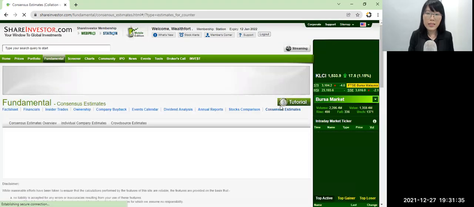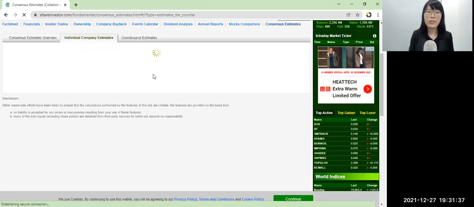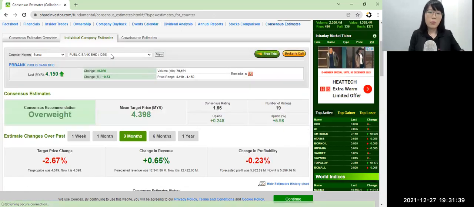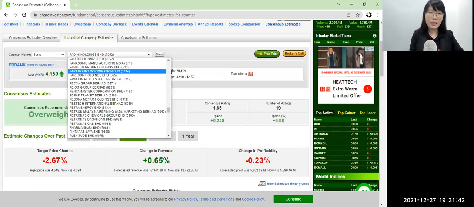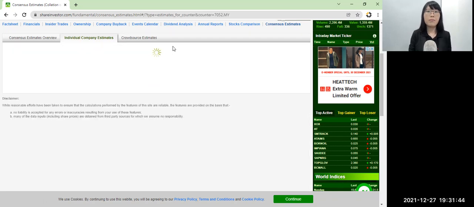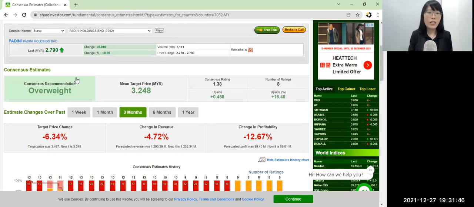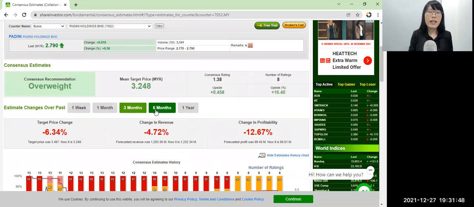So we go to this consensus estimate. For example, we can choose Petronas and select view. Let us look into Petronas. Okay, this is the consensus estimate for Petronas.